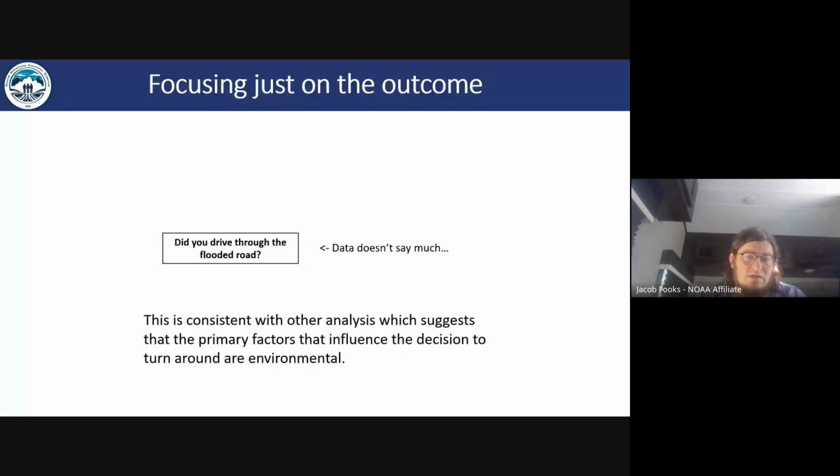This is very consistent with other publications, which suggest that the primary factors that influence the decision to turn around are environmental. It doesn't matter how much information they got, or that people said turn around, don't drown. Once they get to the flooded road, there's nothing you can do to change the outcome at that point.